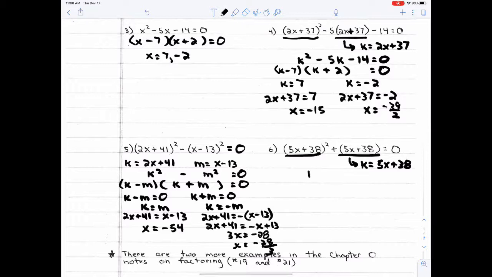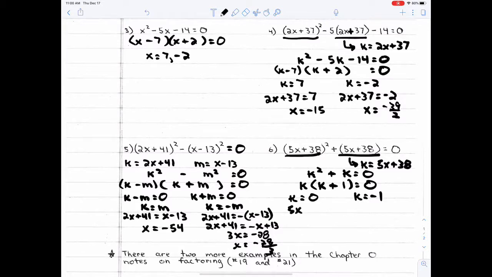So this becomes k squared plus k equals 0. Factor out the k, and we get k times k plus 1. And now, k equals 0, k equals negative 1.